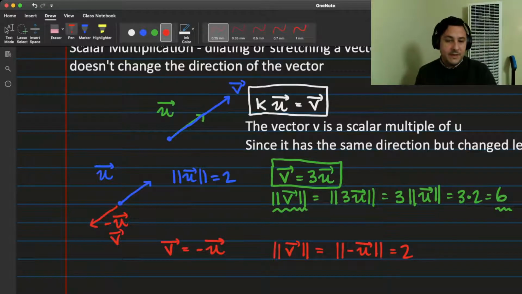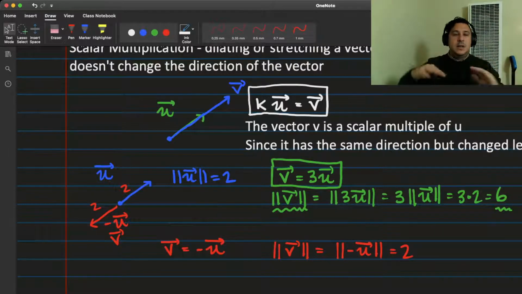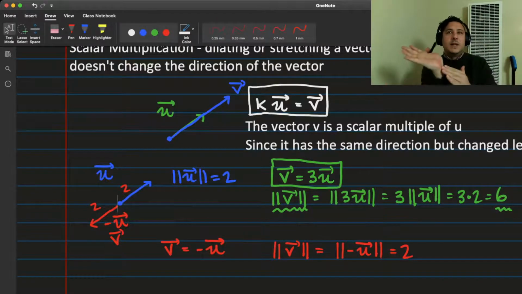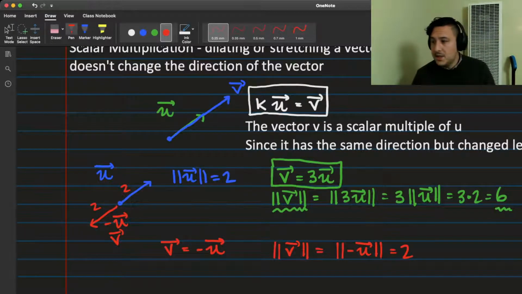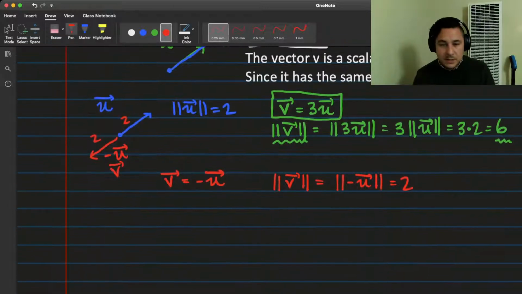So v, or negative u, points in the opposite direction of u, but has the same length. These both have a length of 2, but they point in opposite directions. In other words, they form a line, so there's 180 degrees between them. You can also change this up a little. What if v was equal to negative 3u?